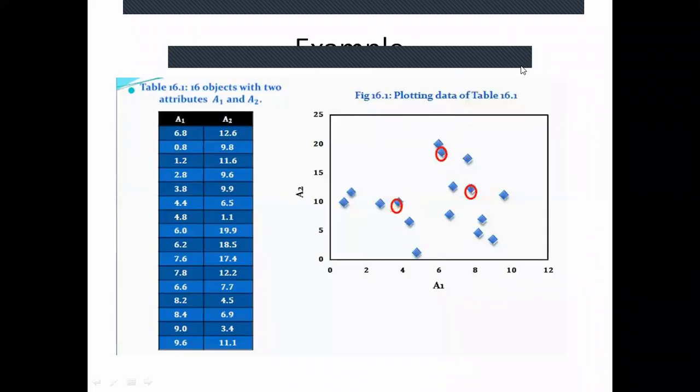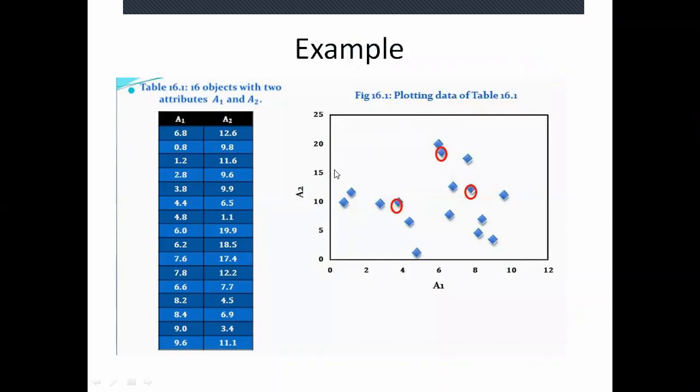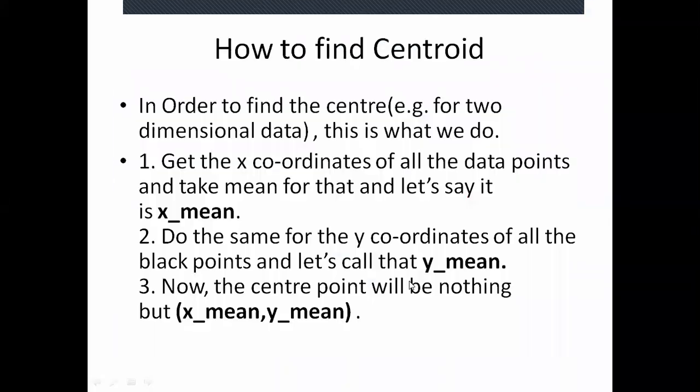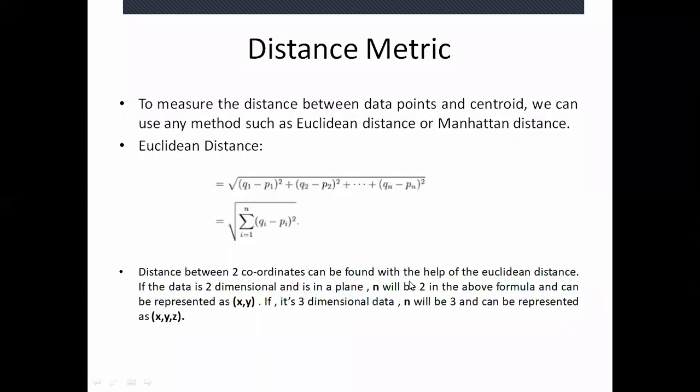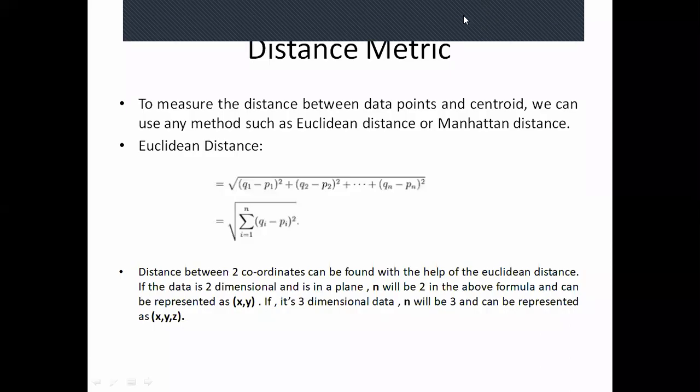Now the question is how to find this distance. In order to find it, we will use the Euclidean distance. You can use Manhattan distance also, but over here we will be using Euclidean distance. I think I have already discussed this many times.